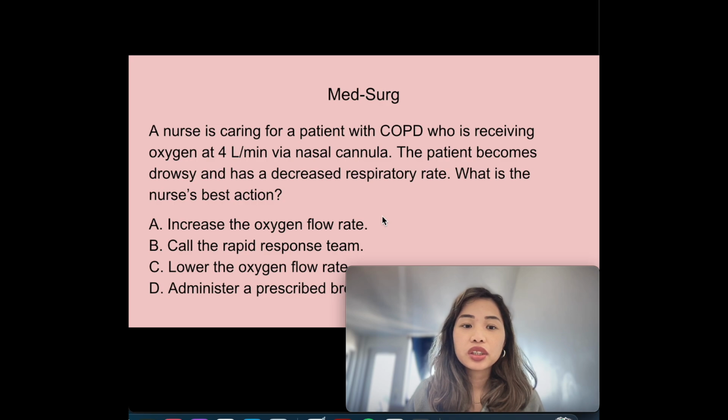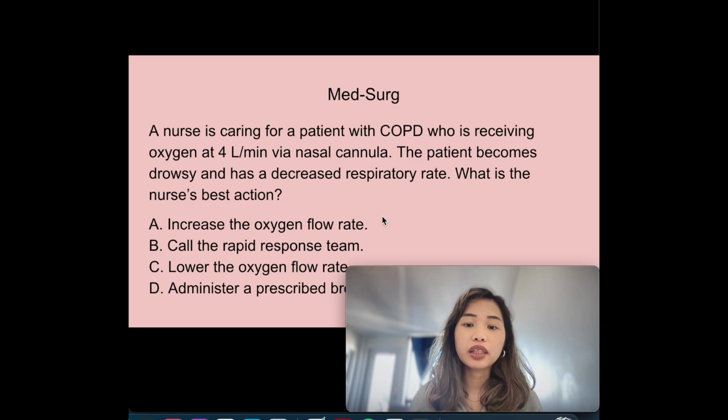The correct answer here would be lowering the oxygen flow rate. Lowering the oxygen flow rate in this scenario will help restore the patient's drive to breathe. Just like I mentioned earlier with COPD patients, if they have lower O2 levels, it'll stimulate and regulate their breathing.